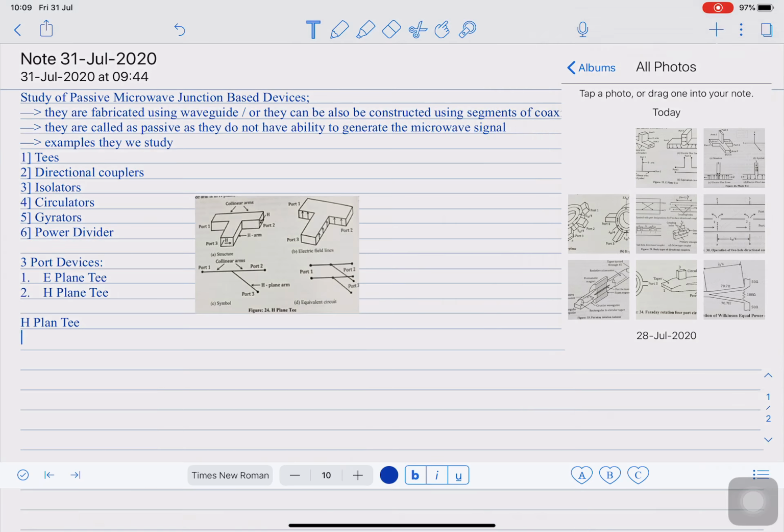This is a particular H-plane T, how it looks like. Here you can zoom in, and this is a typical construction of the H-plane T if you observe.